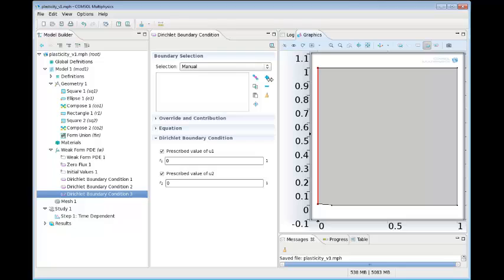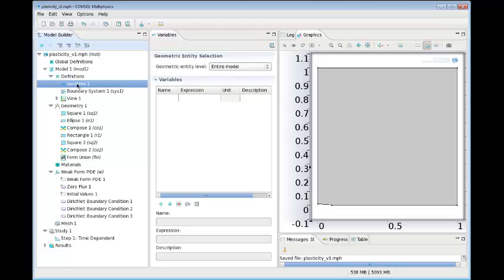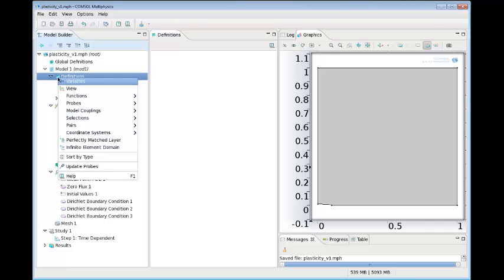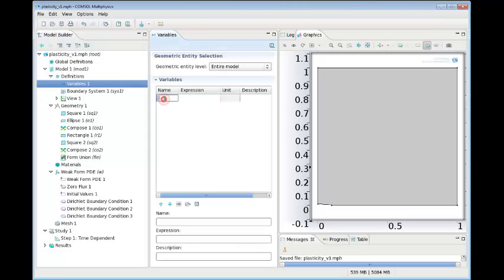Okay, now we need to go back, add some definitions. So right click on definitions. I think that automatically comes up, but what I did is I quickly clicked on variables. So bring up variables, we need to define those stresses. Sxx will be C11 times EXX minus EXXP plus C12 times EYY minus EYYP.